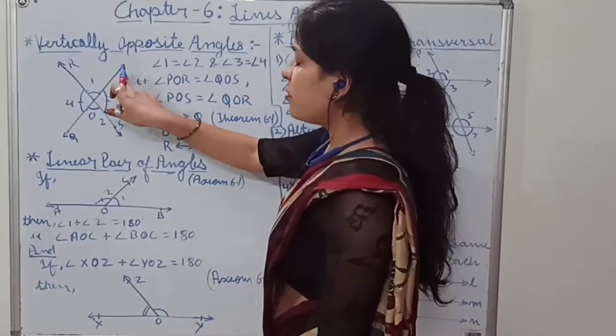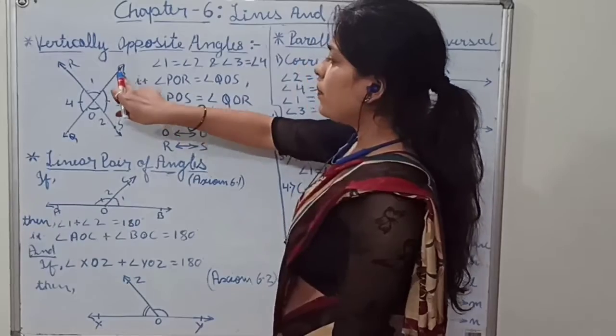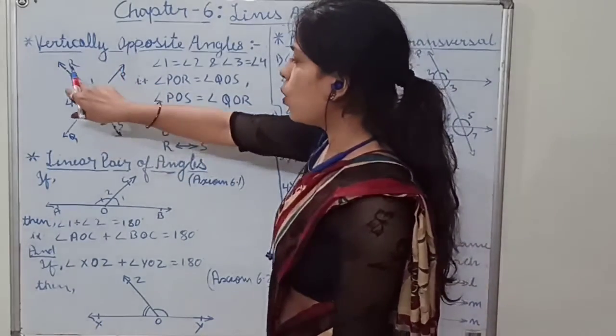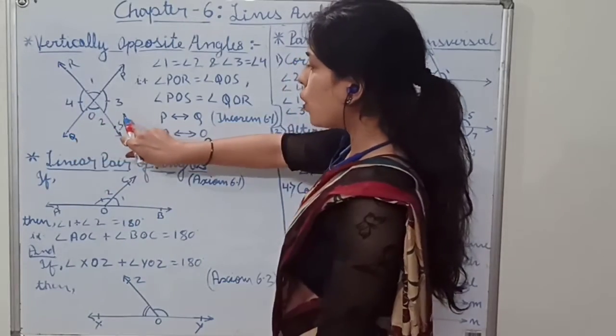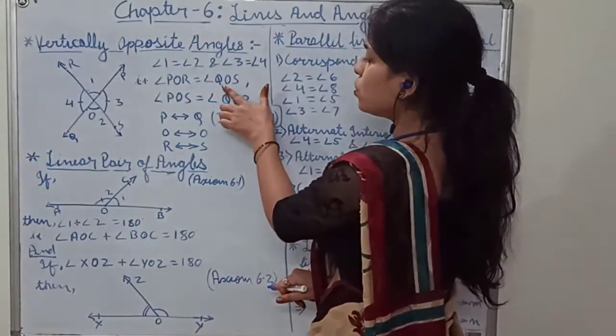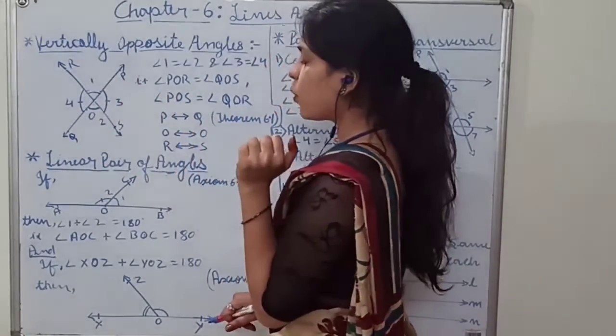And if we go according to the names of the angles, angle POR equals angle QOS. Why? Because P and Q are corresponding.